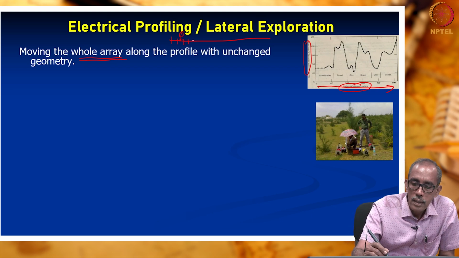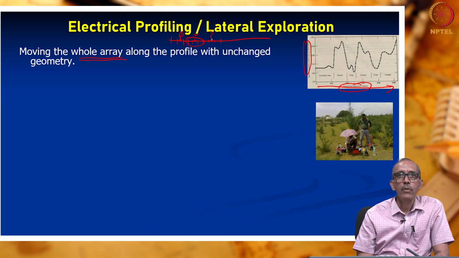Now, let us shift all the 4 electrodes like this. This is station 2, right? These 4 electrodes are now used. Now this is going to be the next station. This is station 3.